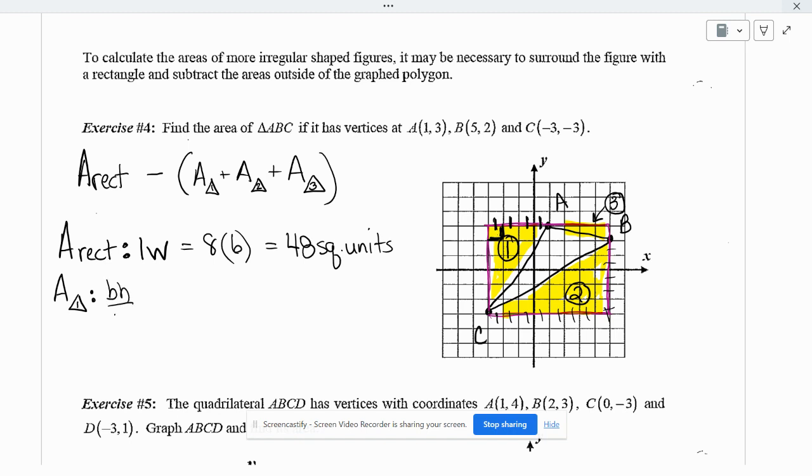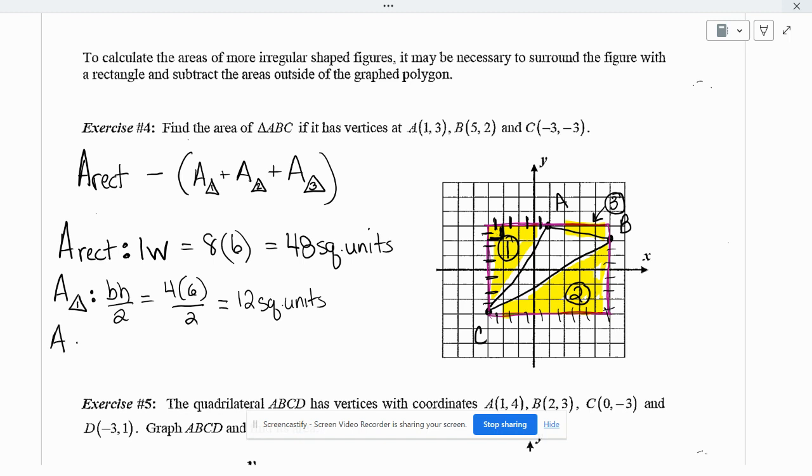So my base is 4 units, and my height is 1, 2, 3, 4, 5, 6 units. 4 times 6 divided by 2 is 12 units. So 12 square units.